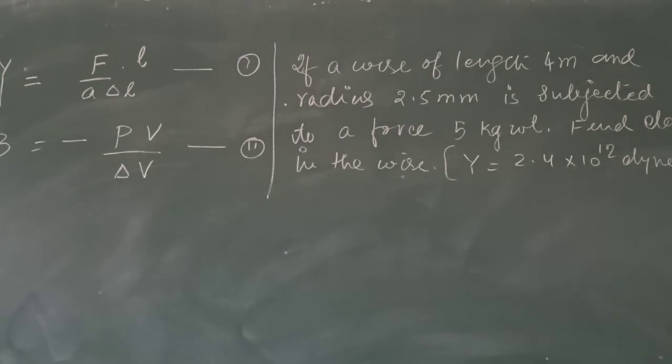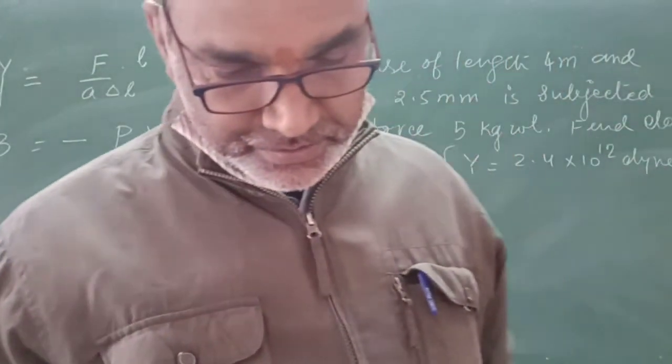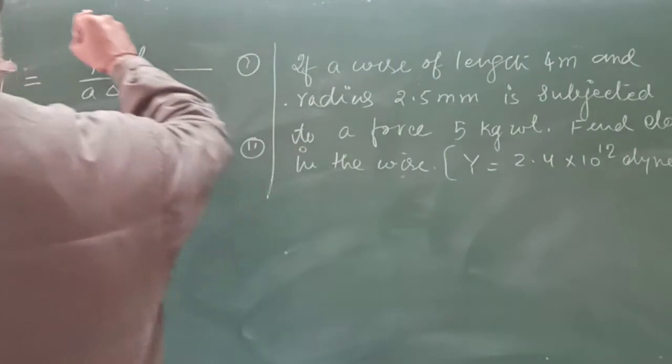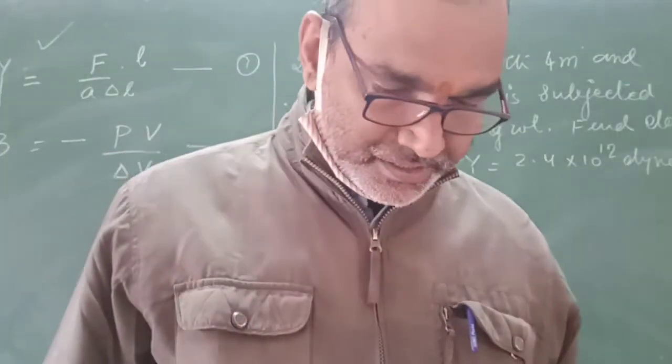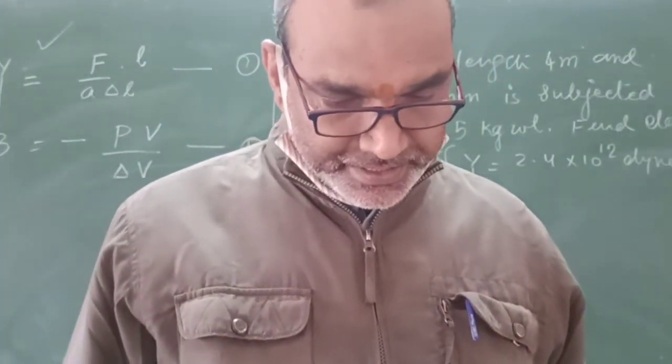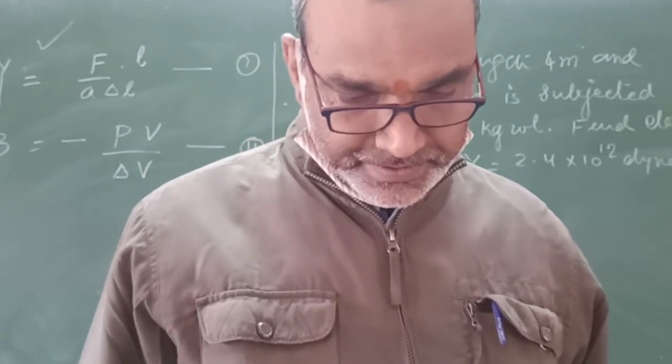So how can you solve this question? We can solve this question by using the formula Y is equal to F into L by A delta L. First of all, we calculate the area.